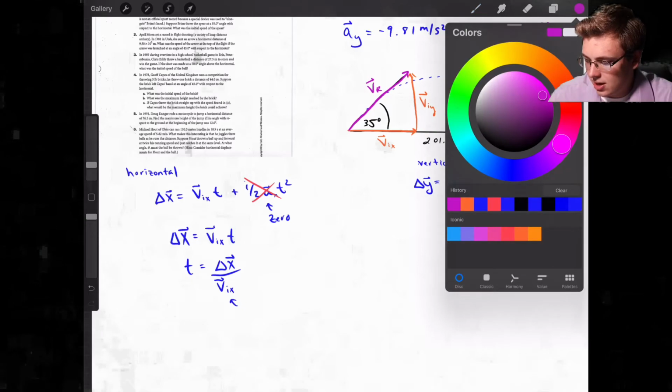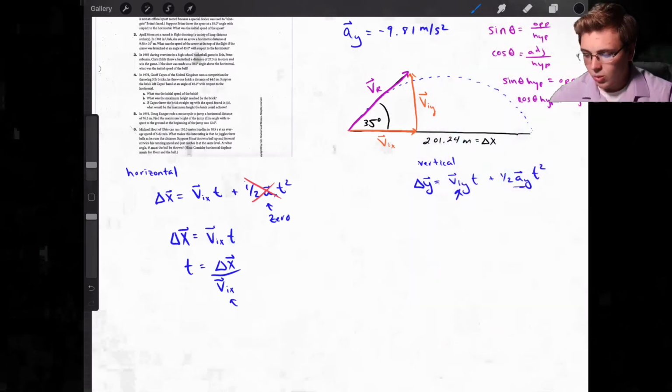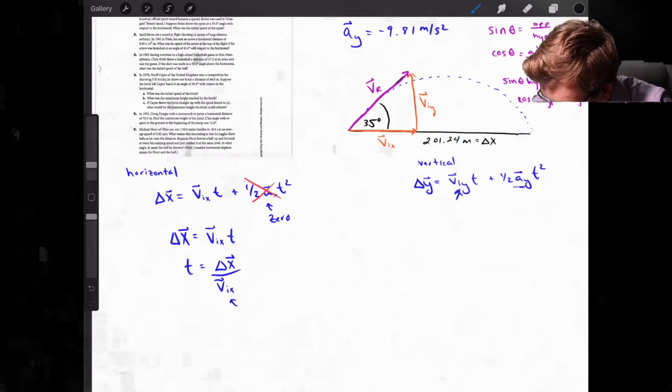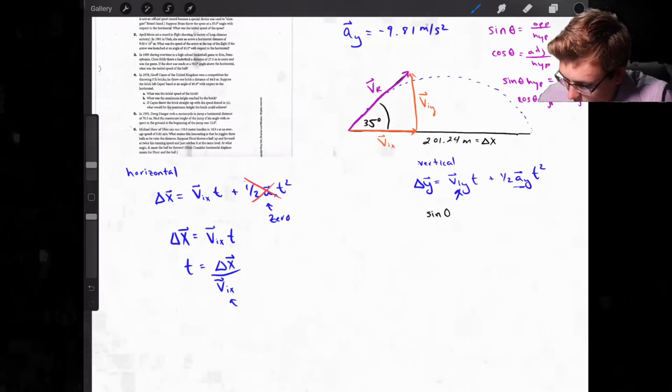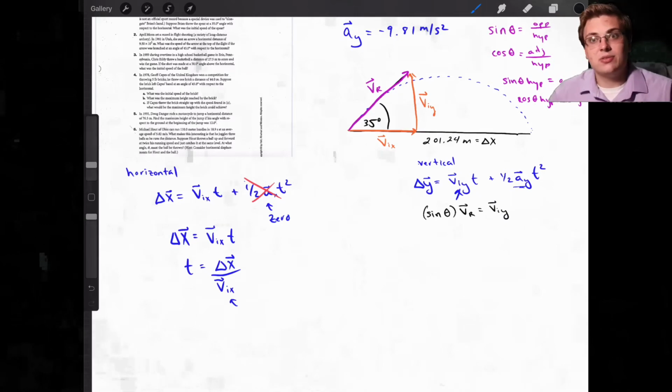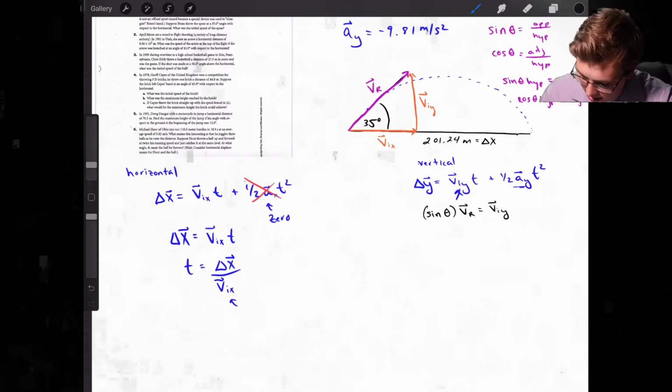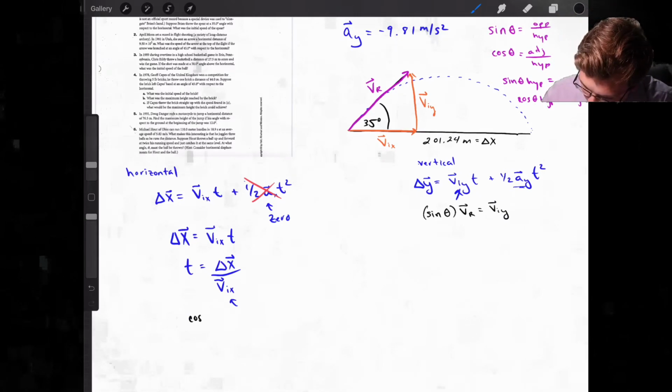You might say, how is that going to help me? Well, now I can say sine of theta times v_R equals v_iy, and cosine of theta times v_R equals v_ix.